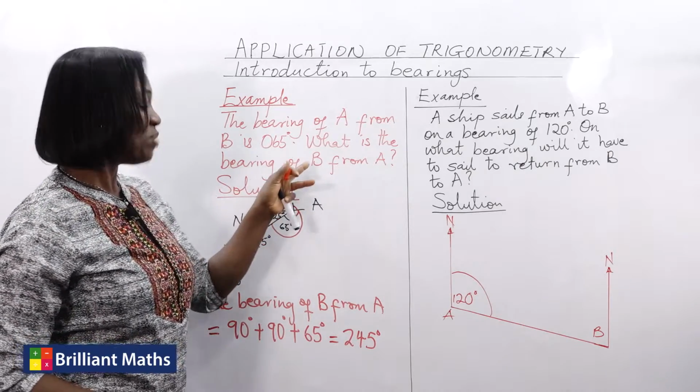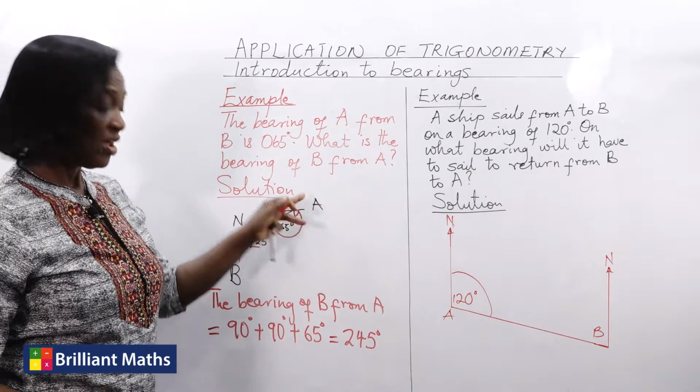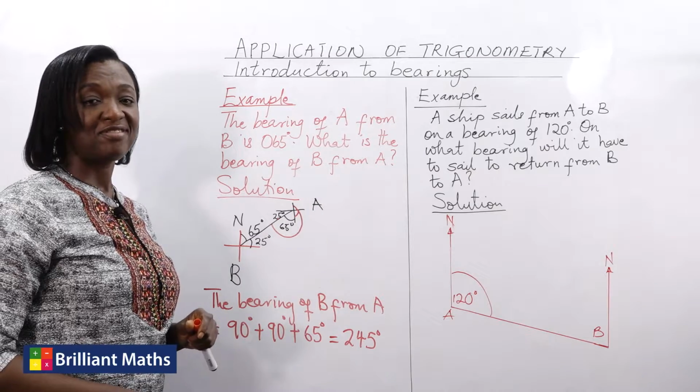So the bearing of B from A is 245 degrees.